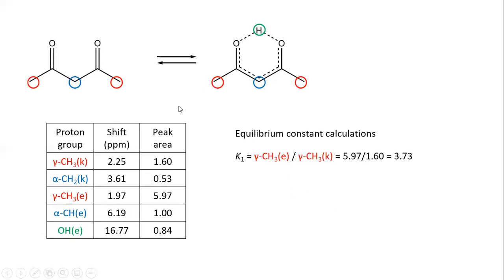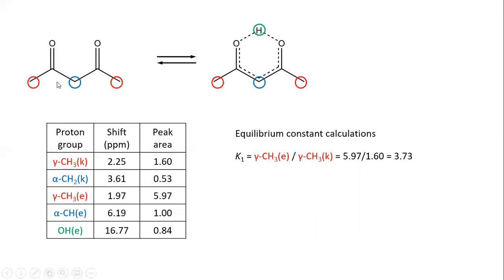So if we check now the CH2 becoming the CH, we see that in the keto form, you have 2 protons per molecule. Well, in the enol form, you have only 1 proton per molecule, right? So that means you have to take care of the stoichiometry. You cannot simply take the area and do the calculation.